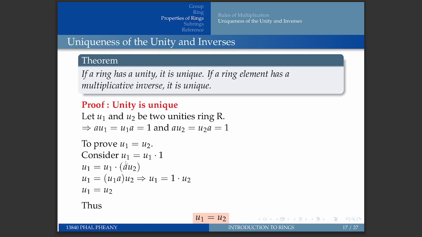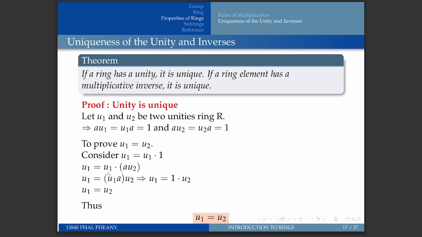Now consider U1 equal to U1 times 1. 1 is what? Multiplicative identity, it remains the same. So we get U1 equal to U1 times (A times U2), since 1 equals A times U2.